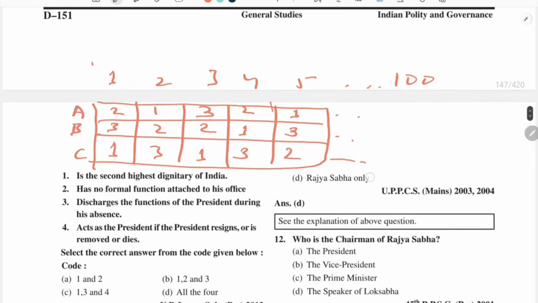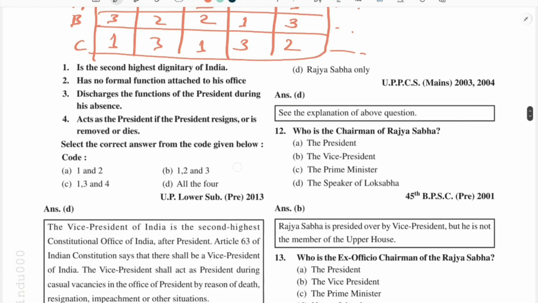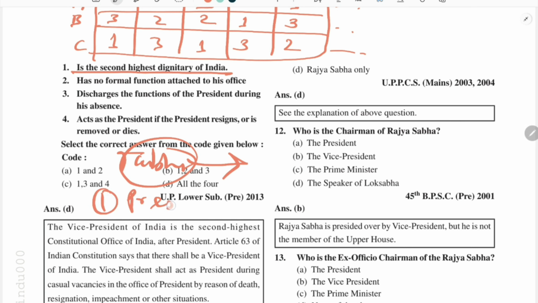The vice president of India is the second highest dignitary. In the table of precedence, meaning the arrangement of the various constitutional posts in India, at first we have the president, the first person in the country.